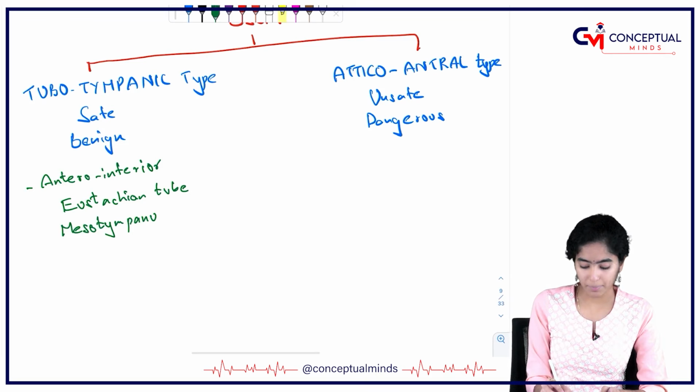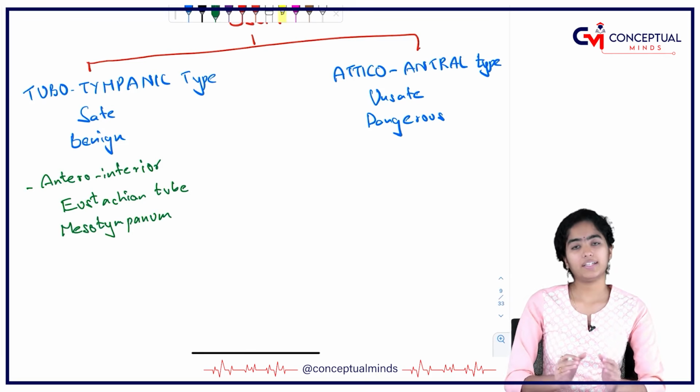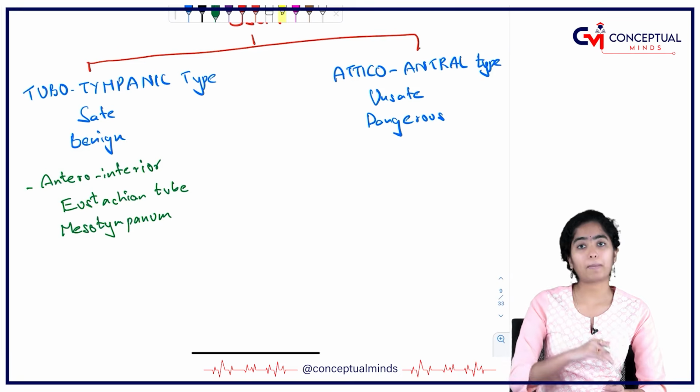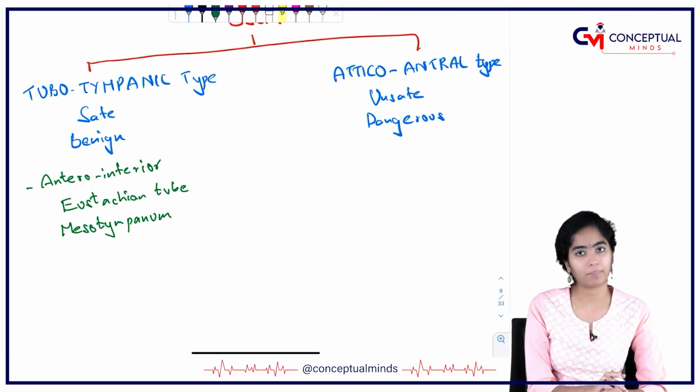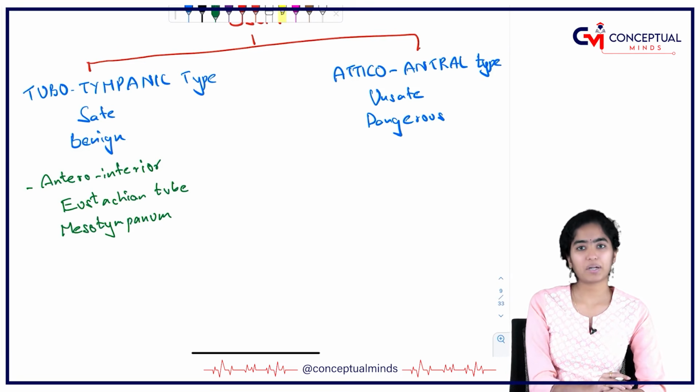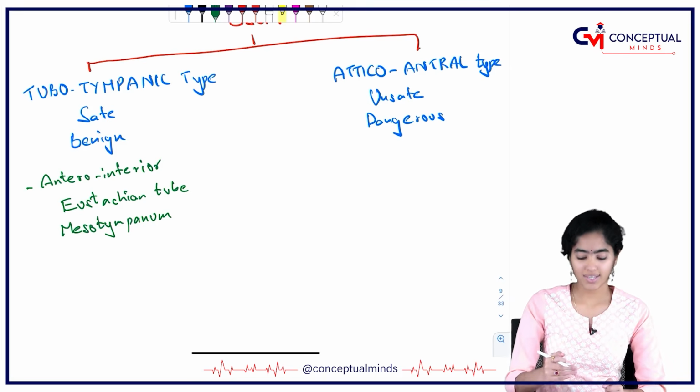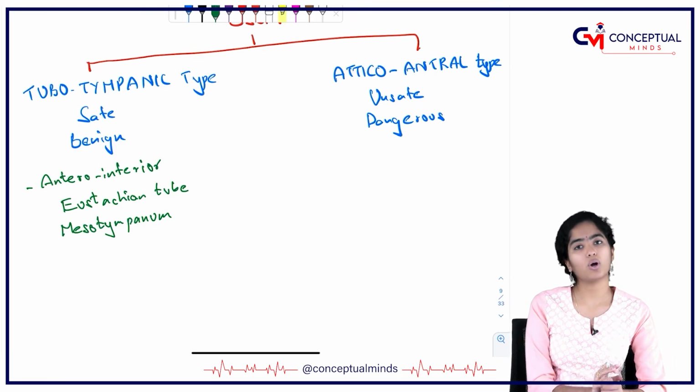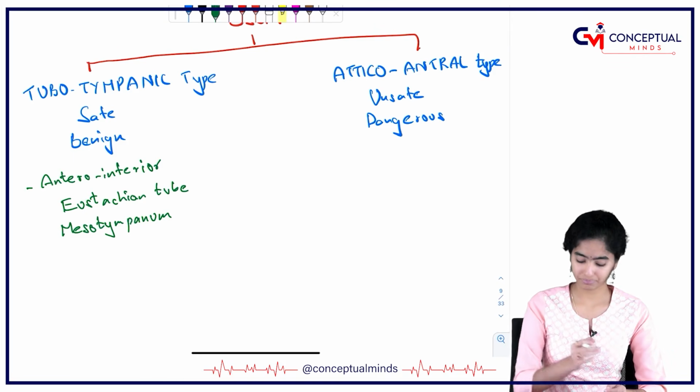What is mesotympanum? The middle ear is divided into two parts, epitympanum and mesotympanum. Epitympanum is that part that lies opposite to pars flaccida, whereas mesotympanum is the part that lies opposite to pars tensa. So, these two are involved in tubotympanic type and it is usually limited to the antero-inferior area.